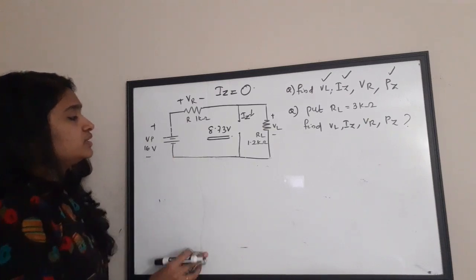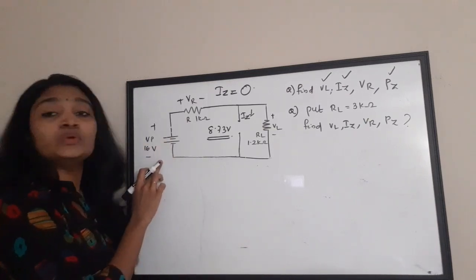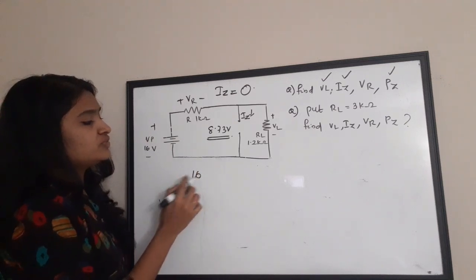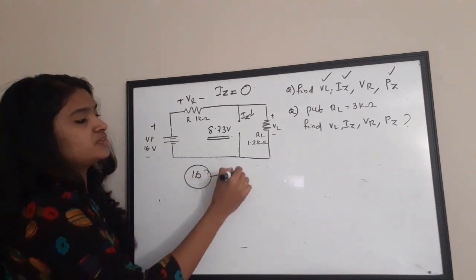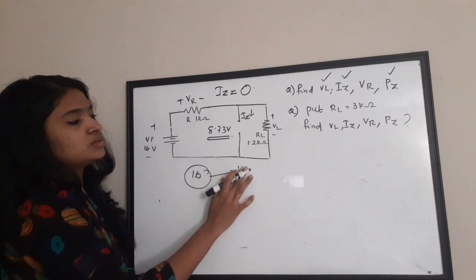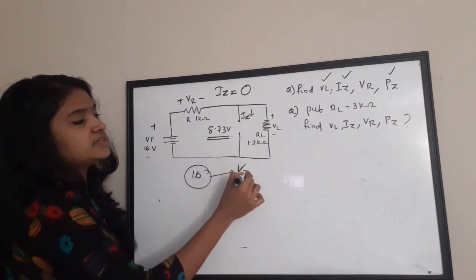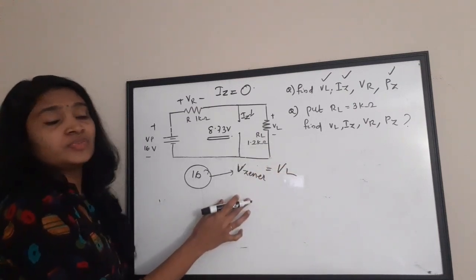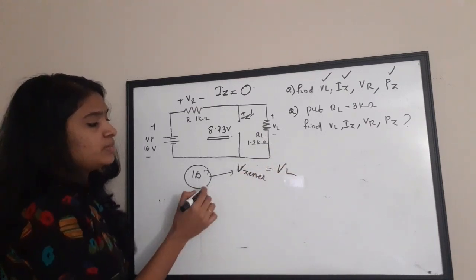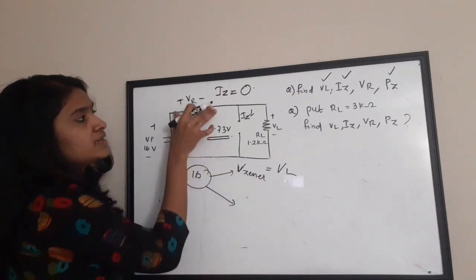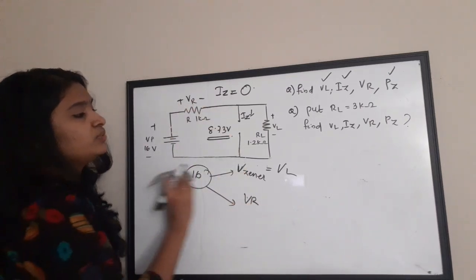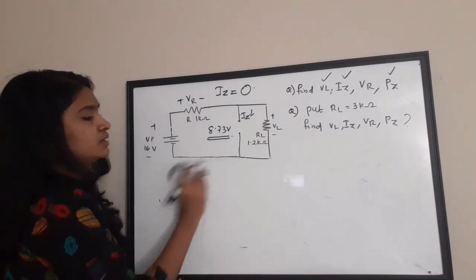As I told, the total voltage of the voltage source is 16 volt. Out of this 16, some amount is given to the Zener, V Zener, that is equal to VL also. And the rest will be coming across the resistor, which is equal to VR. So what will be the value of VR?